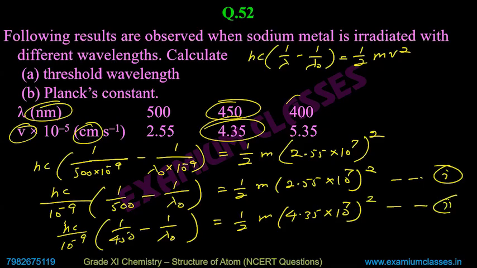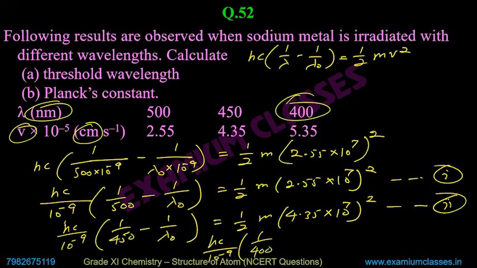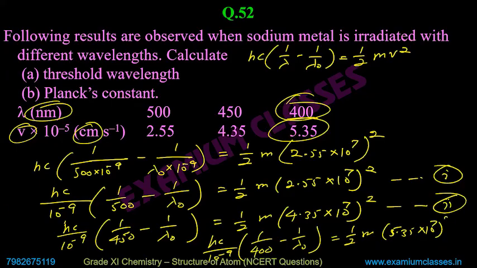Say this is second. Then similarly get the third one from here: hc divided by 10 to the power minus 9, 1 by 400 minus 1 by lambda naught equals 1 by 2 m, 5.35 into 10 to the power 7 whole square. Say this one is third.